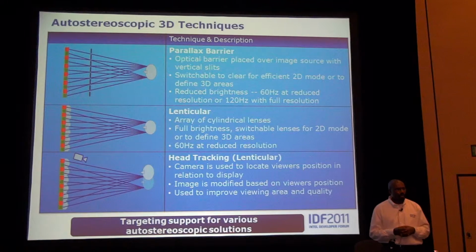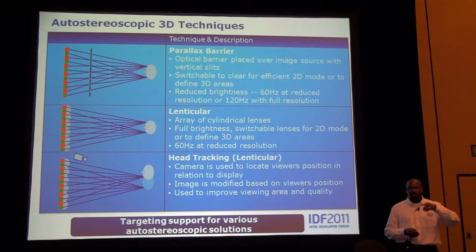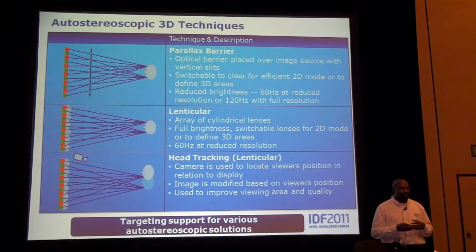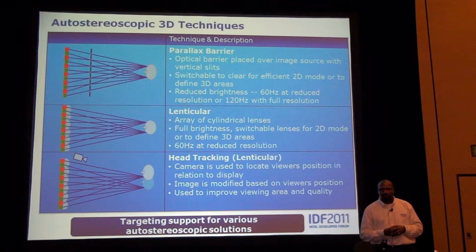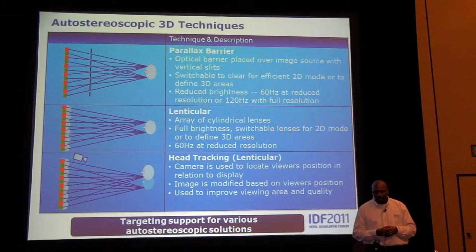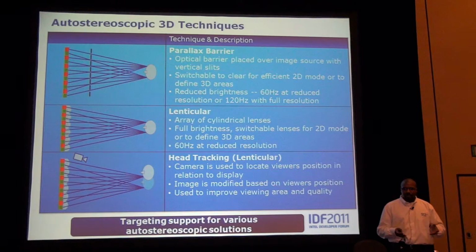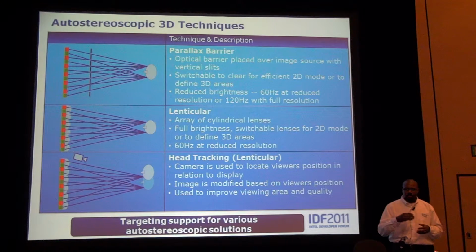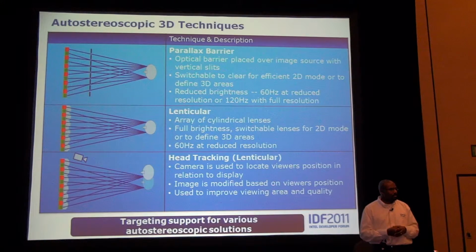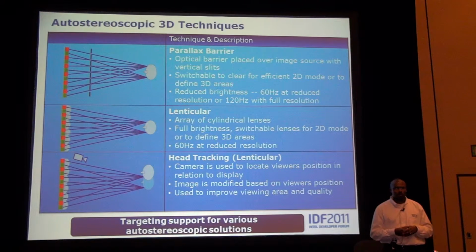Another associated barrier, but this barrier is a barrier of lenses, and those lenses are set up such that they refract the light to your left and right eye. Again, in this scenario, you get full brightness because you're actually refracting the content to each eye. There's not a real barrier per se. But also, at 60 hertz, you're going to see a reduced horizontal resolution.